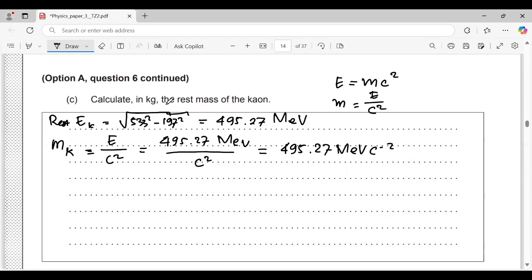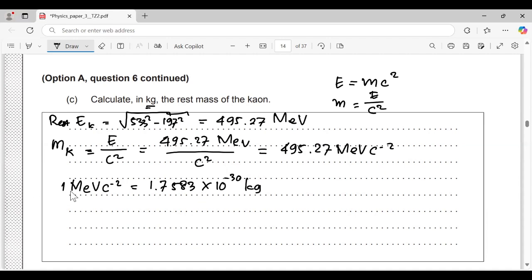Now we are going to convert this unit into kilograms. One mega electron volt C power minus 2 equals 1.7583 times 10 power minus 30 kilograms.